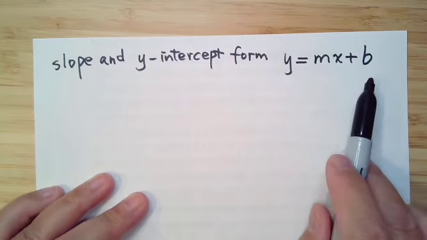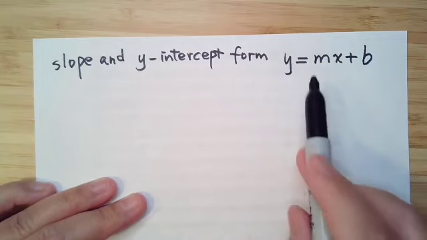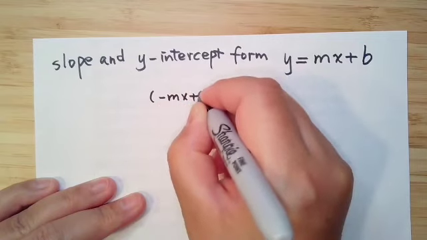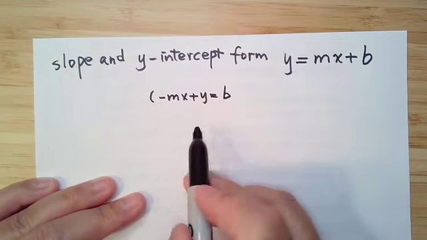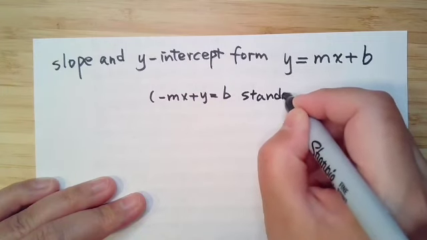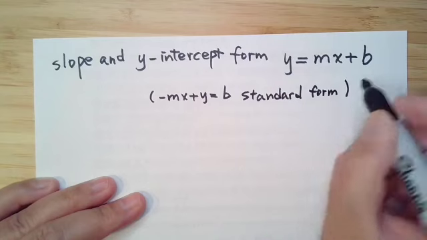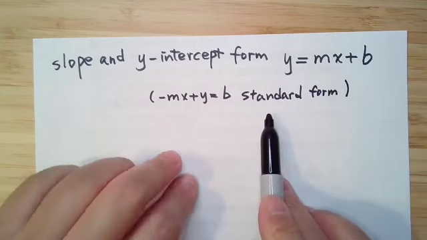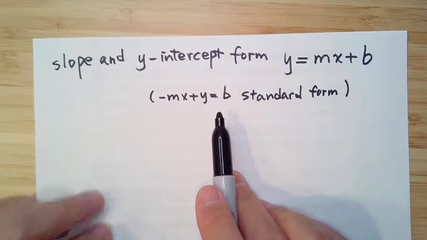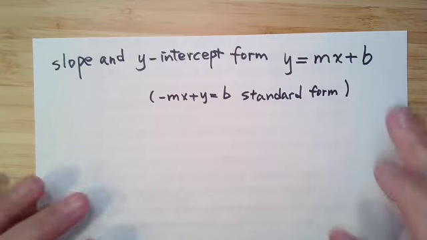This is the slope-intercept form. Of course, if you move the mx to the other side, you get -mx plus y equals b. That's the standard form, right? I'm not going to work on switching between the standard form and the slope-intercept form, but I'm pretty sure you know how to do it because we already learned it in the last class.